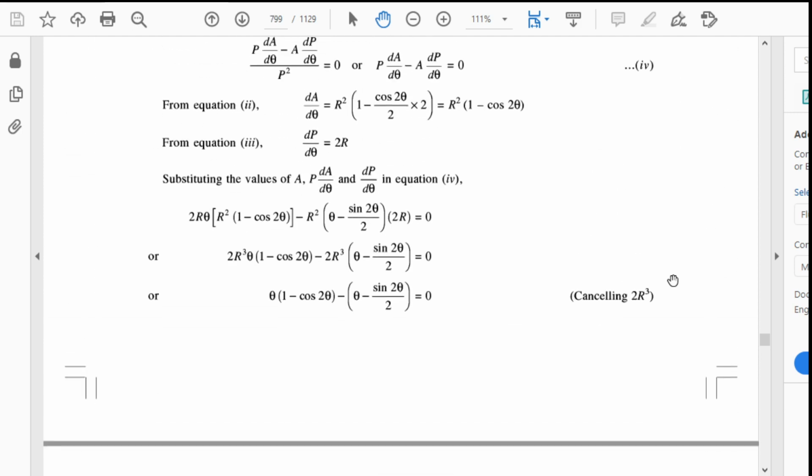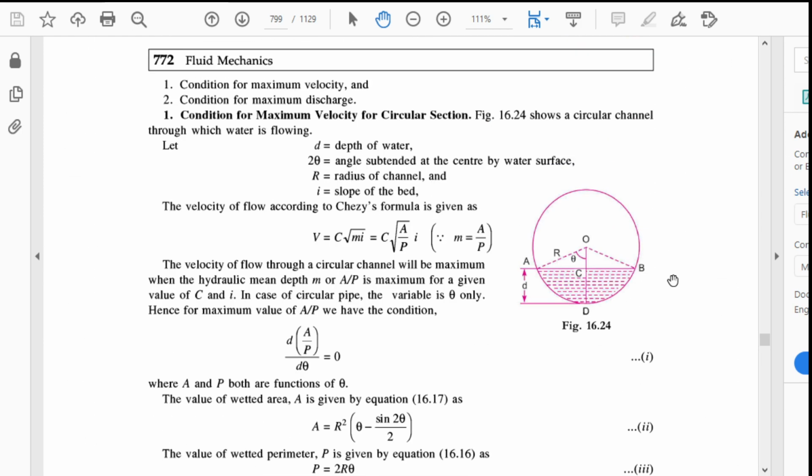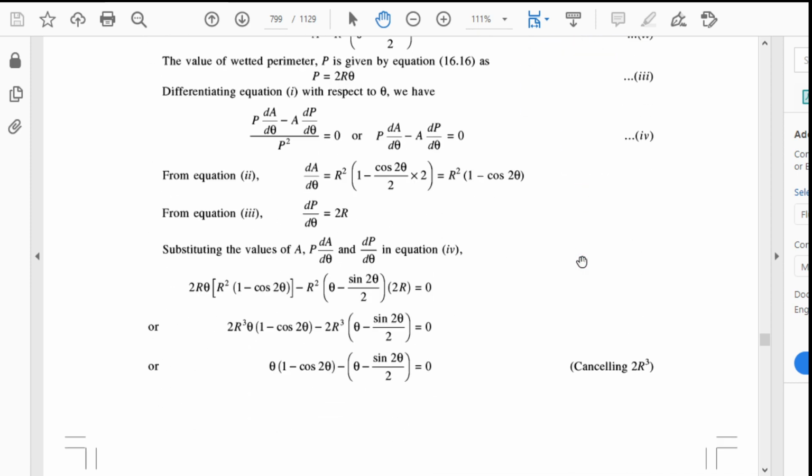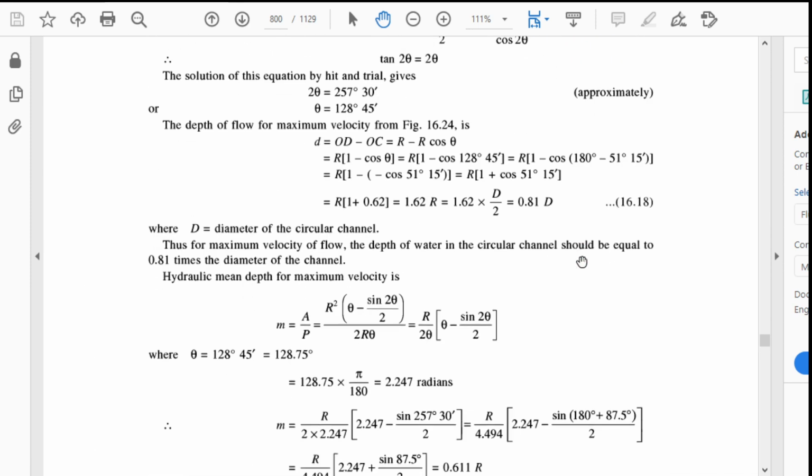Now the depth of flow. Here from this figure, the depth of flow d can be calculated as this whole depth, that is O to D, minus this OC. This is the repeating phenomenon.